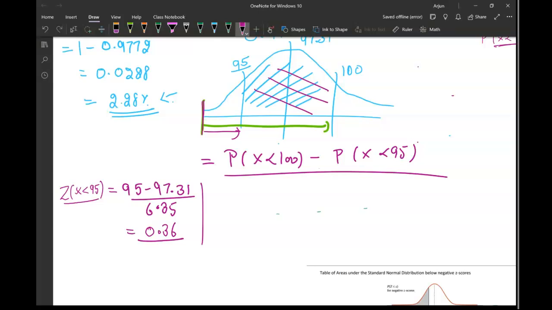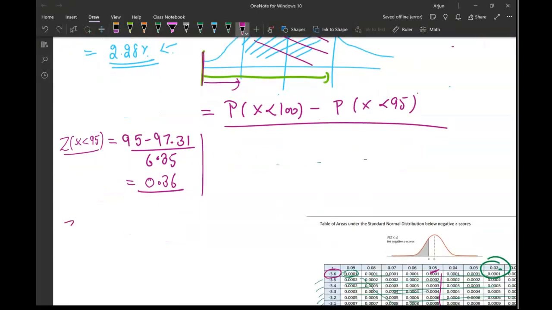Now I'm gonna find z for x less than 100, which will be 100 minus 97.31, divided by 6.35, which comes across as 0.42.